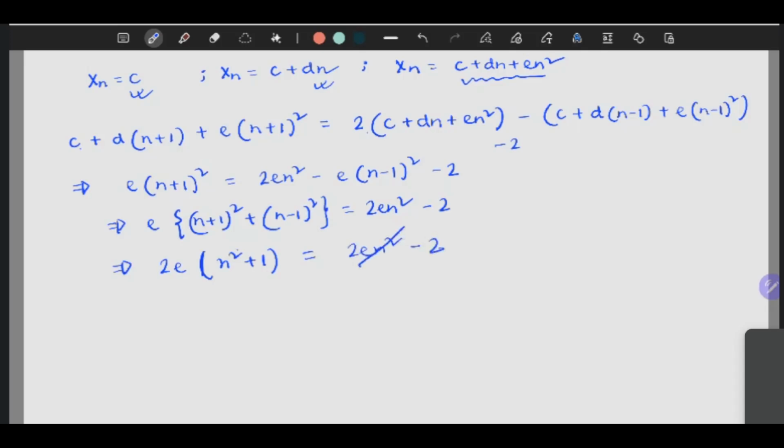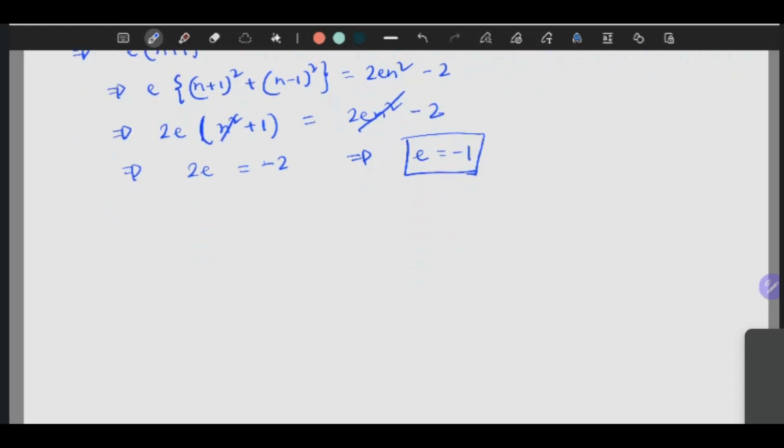So this cancels out, so the only thing that remains is 2e is equal to minus 2, that makes e equal to minus 1. Okay, so from here you get this.